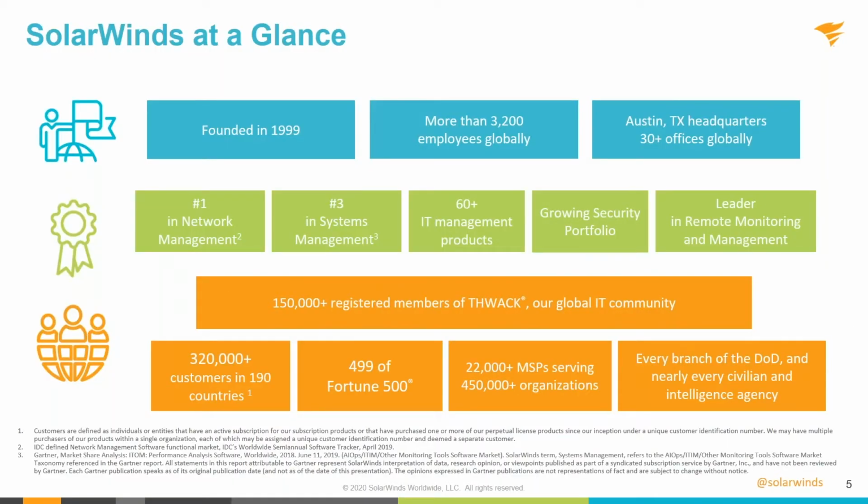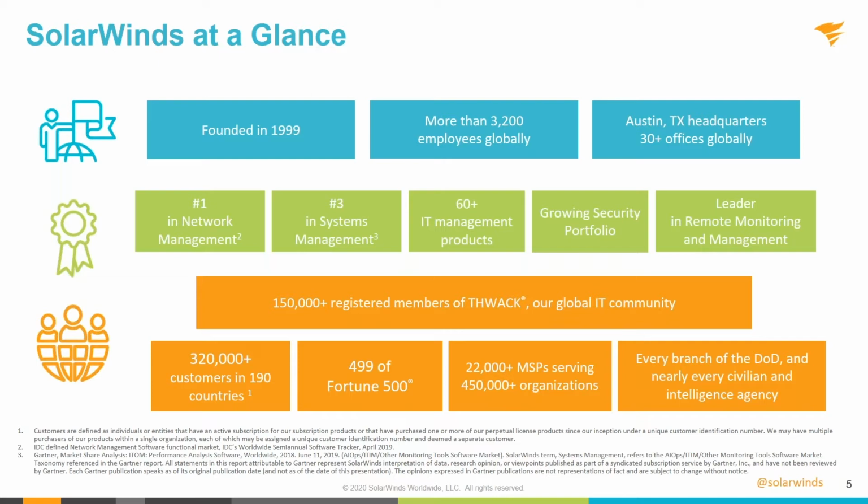Sometimes when we do these, people, especially in the database performance management world, are not familiar with SolarWinds. We are probably more known in the network space because according to IDC, we are the #1 software vendor in network performance management and monitoring.